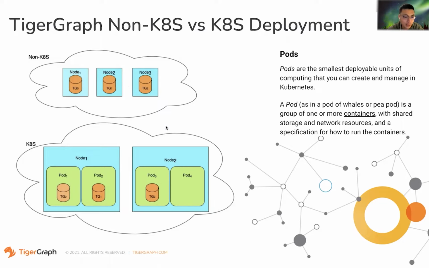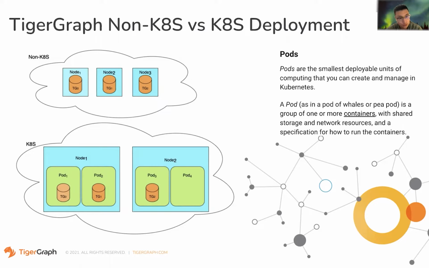Now, let's take a look at the difference in Kubernetes deployments. In Kubernetes, there's a new concept called pods. Pods are the smallest deployment units in Kubernetes, and one pod is essentially one container.